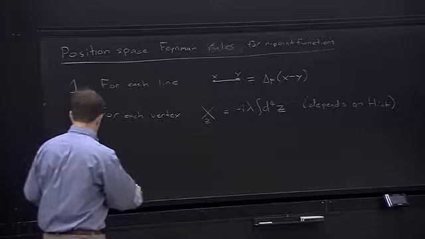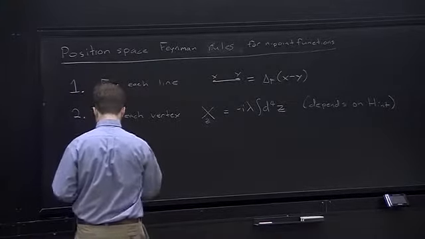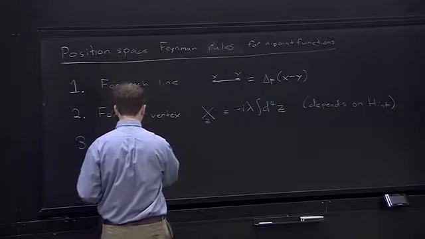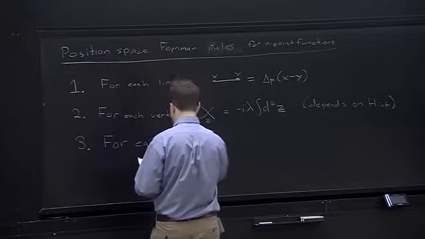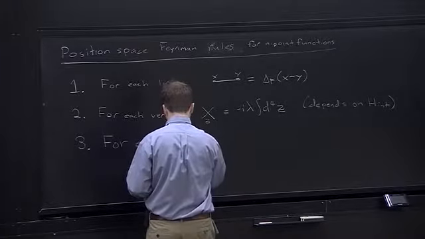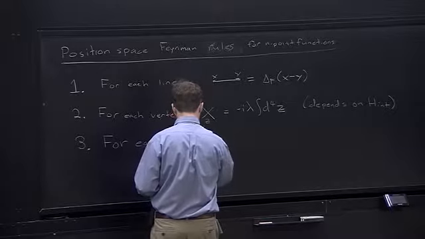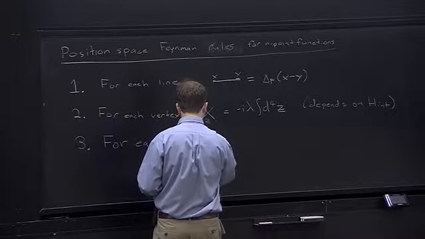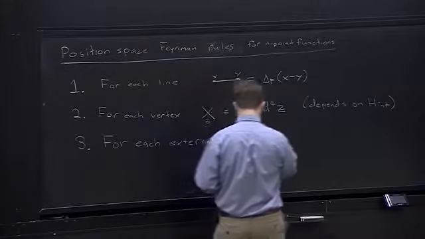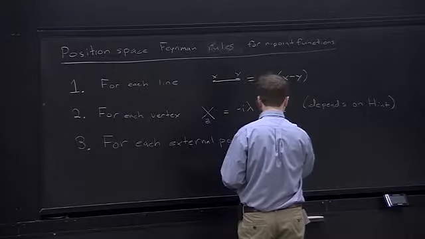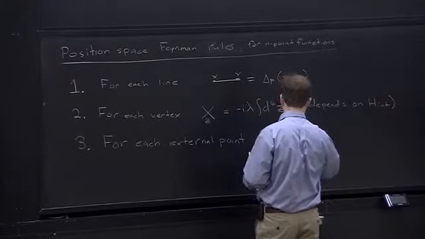The third rule I'm going to write down is trivial for now, but just to help Tibber out, I'm going to write it down because it will change when you consider fields with spin. So for each external point, we get a factor of 1.